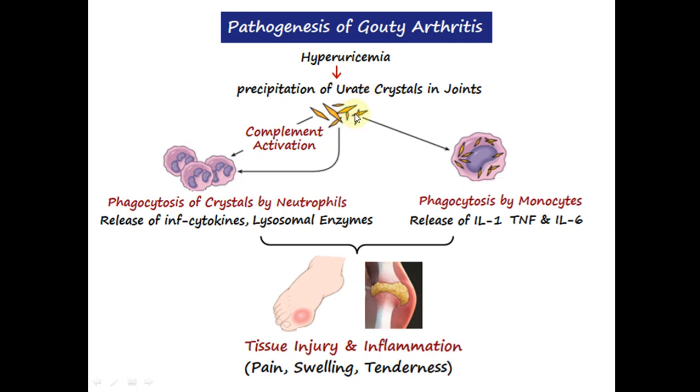Once these crystals get precipitated in the joints, they will activate the complement system. These crystals are engulfed by the neutrophils as well as the monocytes.